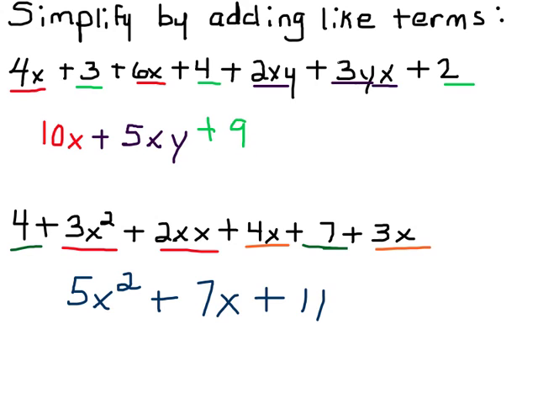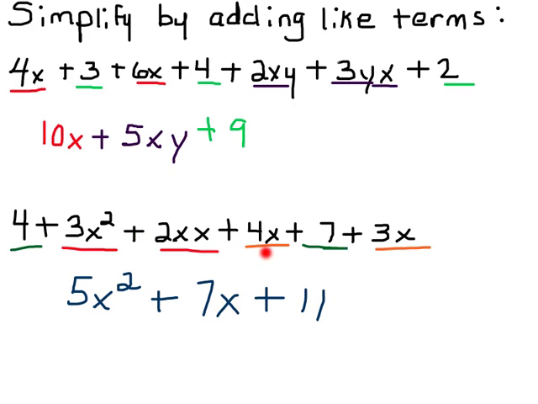In this example, we have 3x squared plus 2xx. X times x is x squared, so these two are like terms. 5x squared.